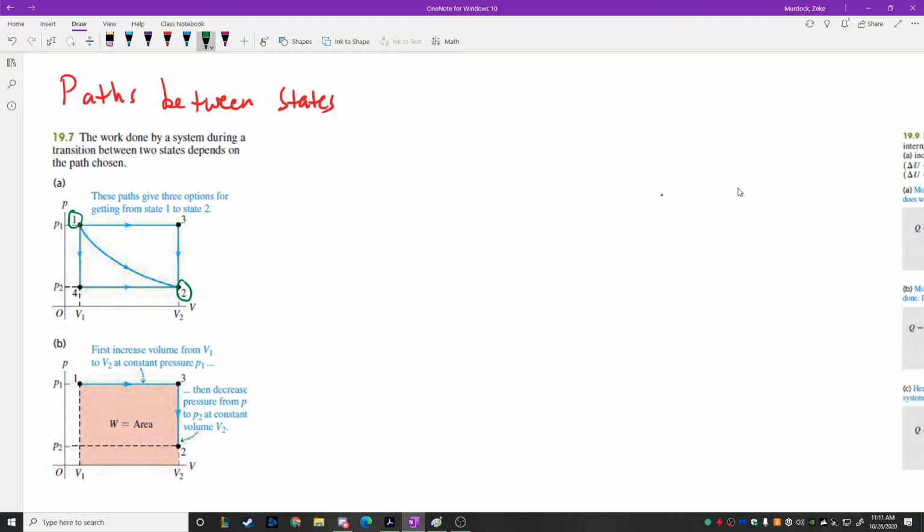One path goes from 1 to 3, along which, what's constant as I move from point 1 to point 3? Yeah, pressure is constant. And we learned in the previous section how to calculate work in that case: the work was just the pressure times the final volume minus the initial volume.